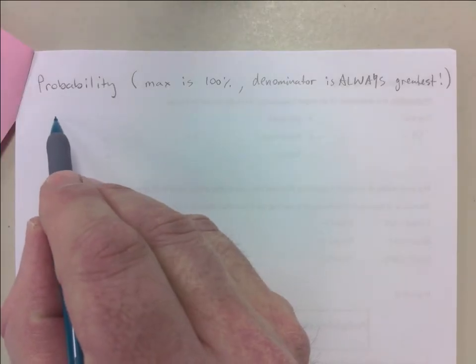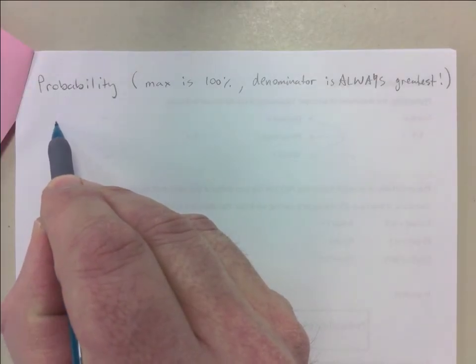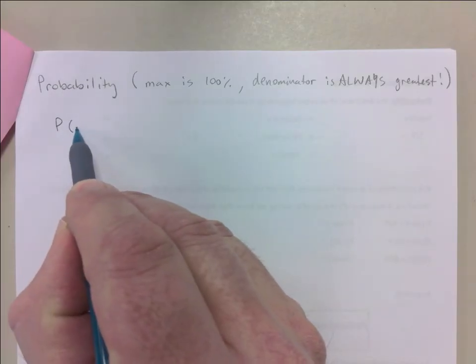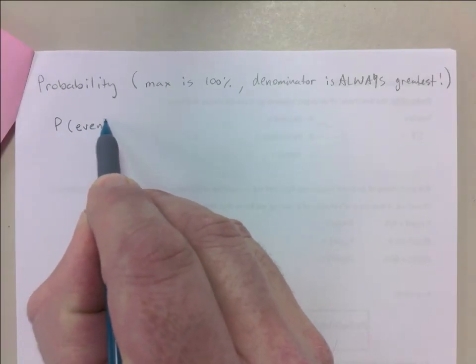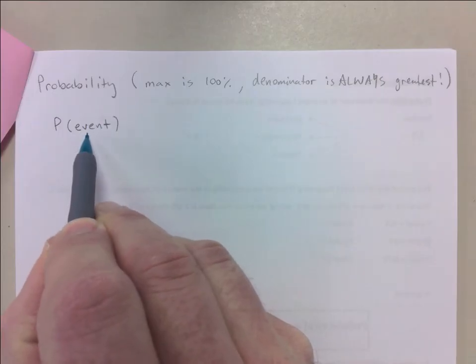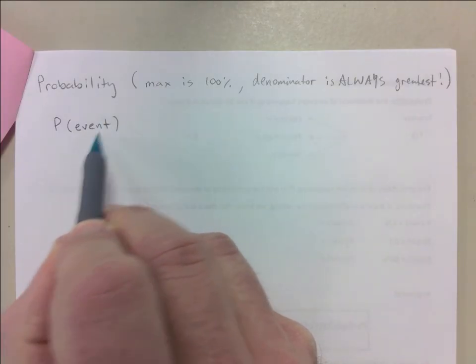And also, review here, if you want the probability of an event occurring, this might be rolling a 5, it could be picking a face card, this could be anything.